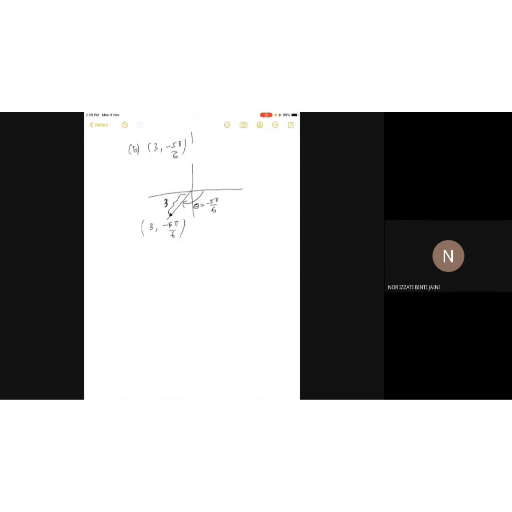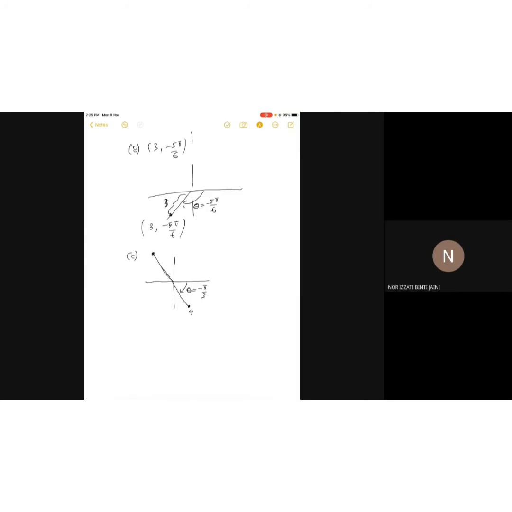Dan seterusnya. Saya kata tadi buat untuk angle dahulu kan. So negative pi over 3. So let's say somewhere here lah. Negative theta equals to negative pi over 3. However, the radius pun negatif juga. So kalau radius dia kat sini 4, so the radius negative is exactly opposite lah.